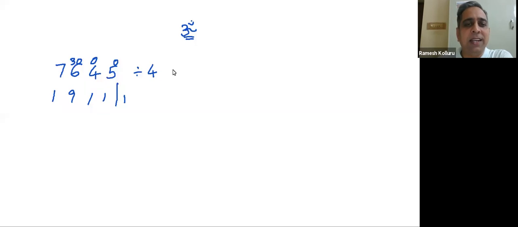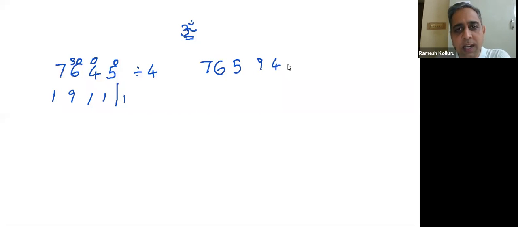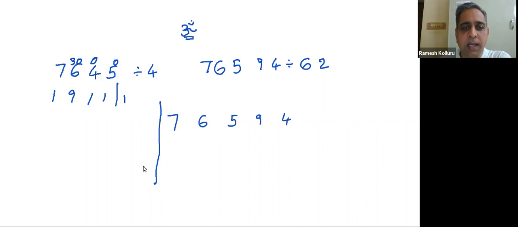And then when it is a double digit divisor, let us say 76594 divided by 62. Because this is 62, it is better to write 76594 separately, divided by 6 and 2 here.